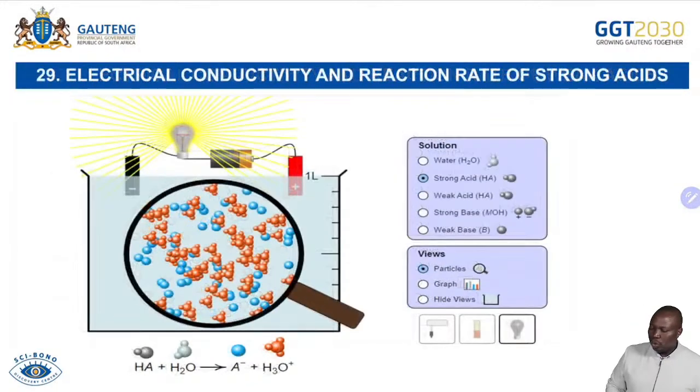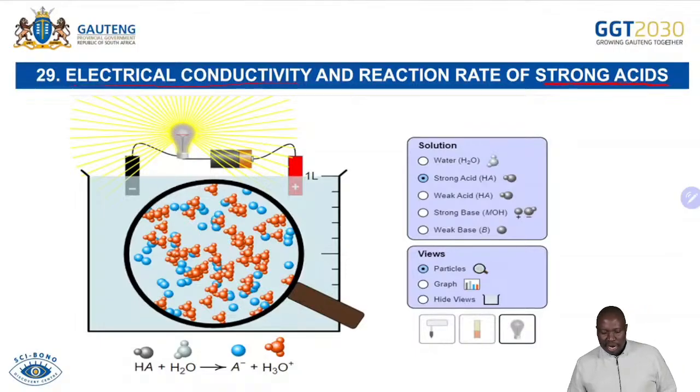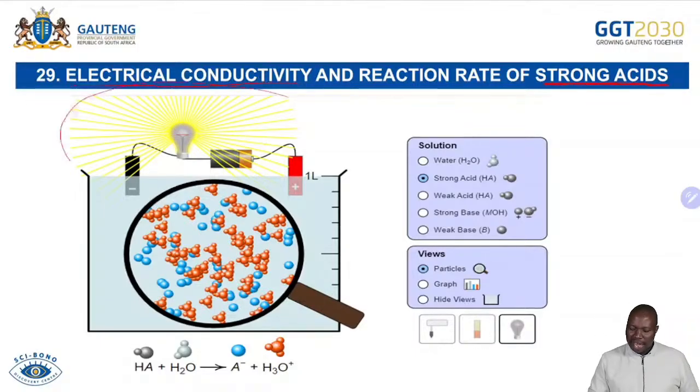Now, if I look at the conductivity and reaction rate, you will see that as long as we are talking about a strong acid that ionizes completely, obviously, because we have more ions there, it will have a high electrical conductivity. Hence, you see the brightness of the light bulb there. When a strong acid is connected, your light bulb will light very brightly, and in terms of reaction rate, a strong acid has a higher reaction rate.